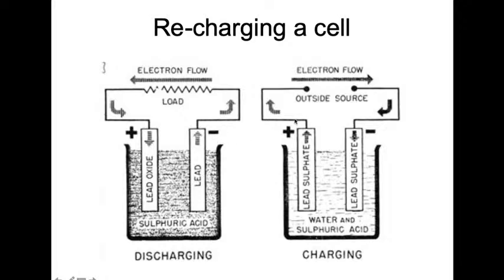So once it's depleted, we're going to run a current in the opposite direction to the discharge, right? So we're going to force electrons through by attaching an external source that's strong and powerful enough, just like a car battery charger, to force the electrons against their discharge flow, and we're going to get different cathode and anodes momentarily, right?